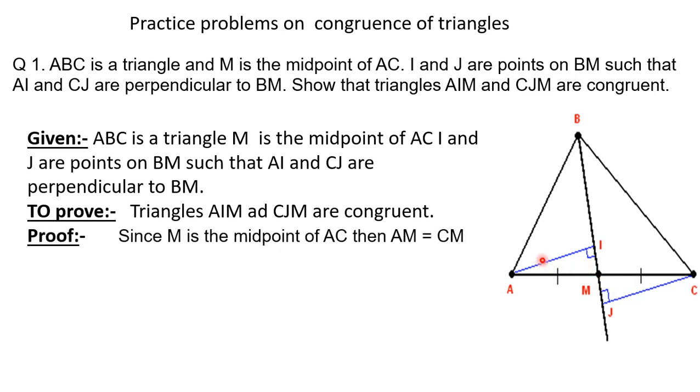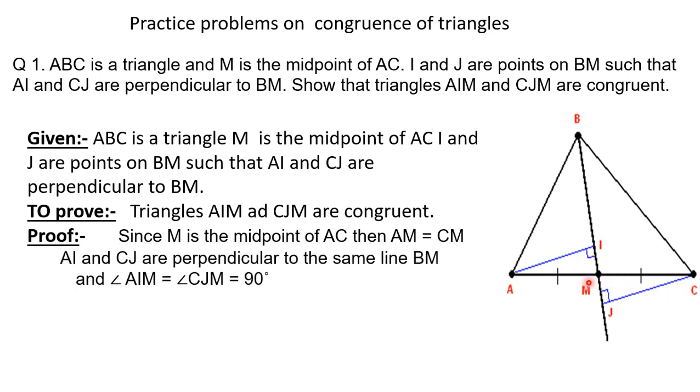So let's start. As it is given in the figure, M is the midpoint of the side AC, that is AM is equal to CM, that is, the length of AM is equal to the length of CM. Now AI and CJ are perpendiculars on the line BM, so we can write angle AIM is equal to angle CJM is equal to 90 degrees.